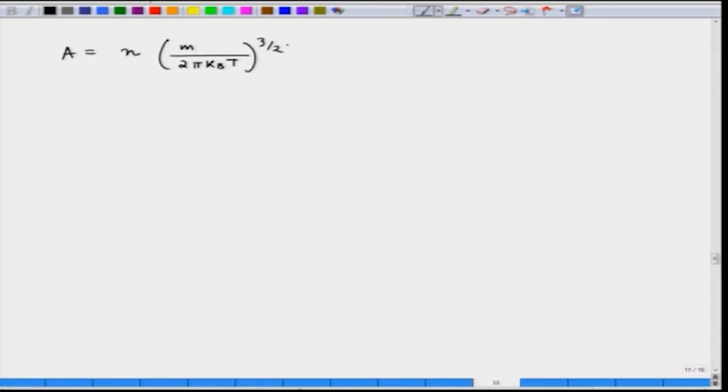Finally, inserting all these things, we have the final form of f 0, which should look like n times m by 2 pi kBT to the 3 by 2 e to the minus m u square by 2 kBT.